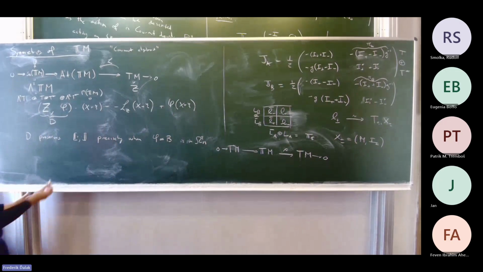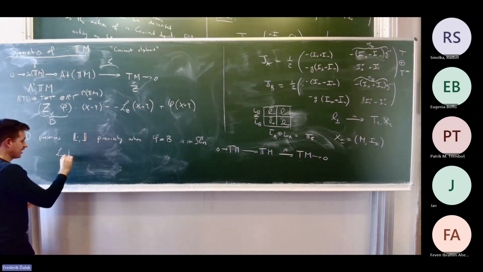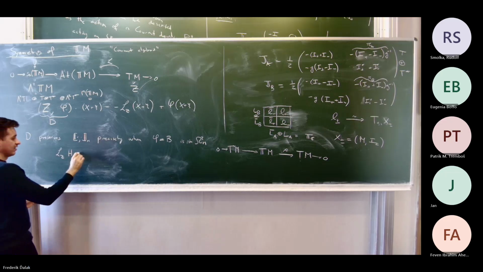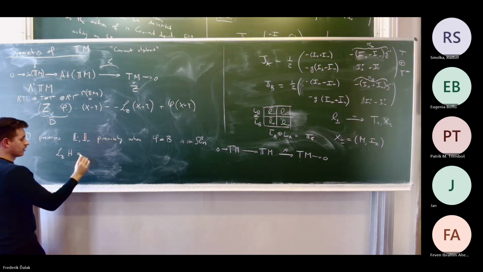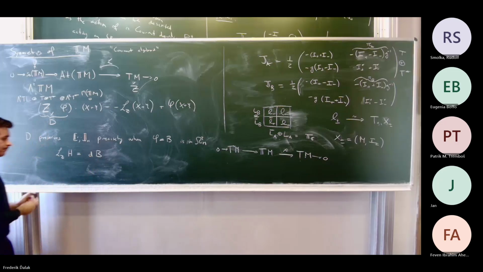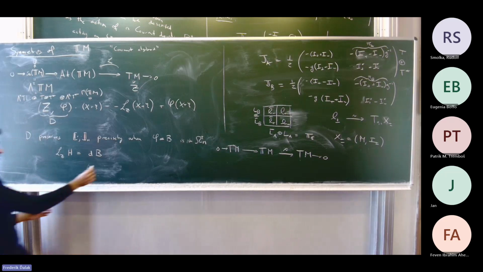And furthermore, we need that elements of H, bracket is H twisted, is equal to D. These are vertical sections.